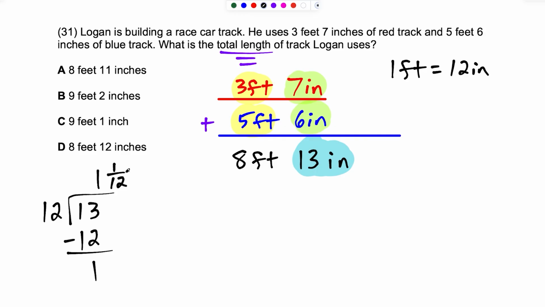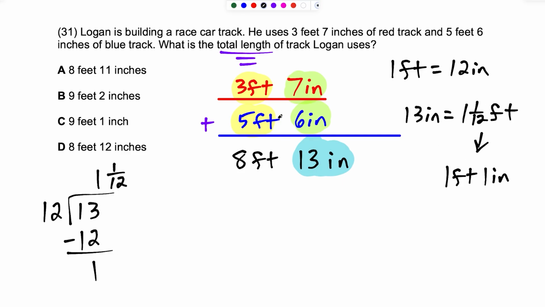So what this means, 13 inches, we could say is equal to, so I'll write this over here, 13 inches is equal to 1 and 1/12 feet. But another way to say this is we could say that 1 and 1/12 feet is 1 foot and then 1 inch, okay? Because 1/12 of a foot would be 1 inch. So this is how we would write the mixed number for feet in terms of feet and inches.